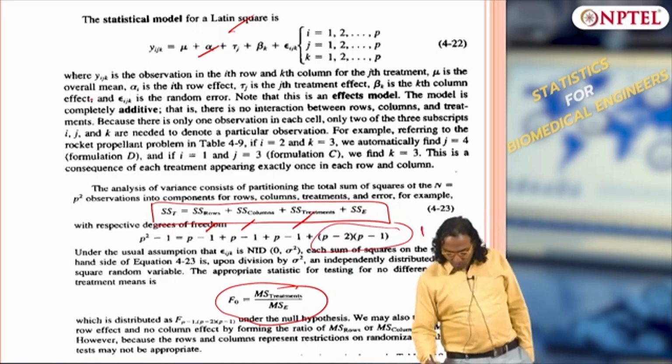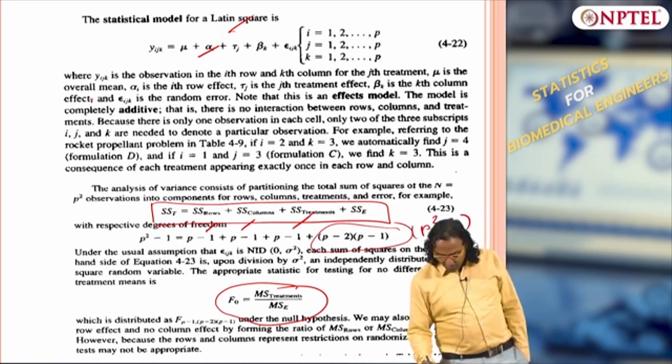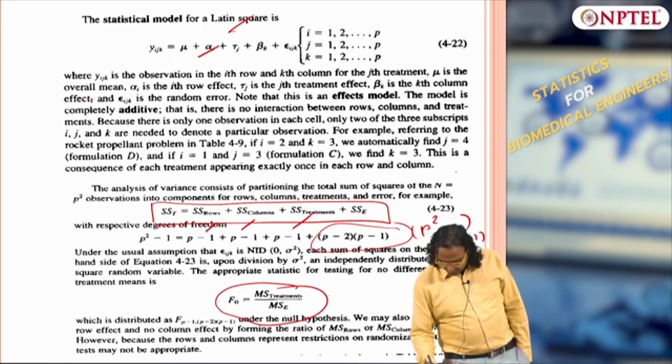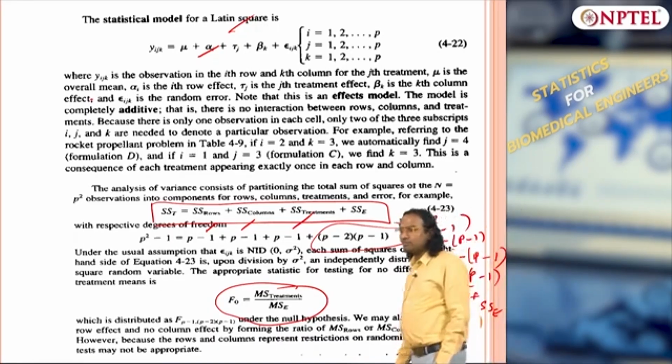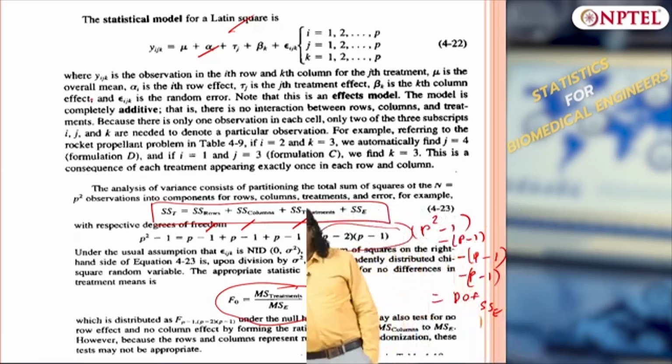So p squared minus 1 minus (p minus 1) minus (p minus 1) minus (p minus 1) equals the degrees of freedom of sum squared error, which is equal to p minus 2 into p minus 1. You understand how I got p minus 2 into p minus 1?